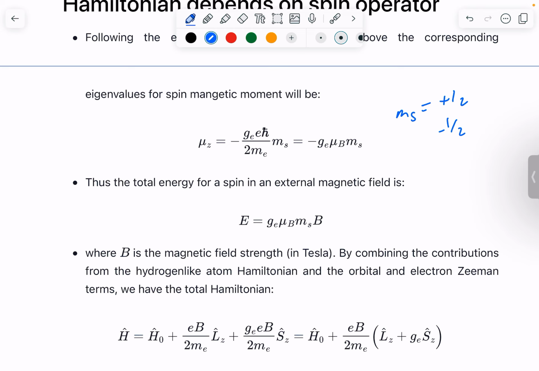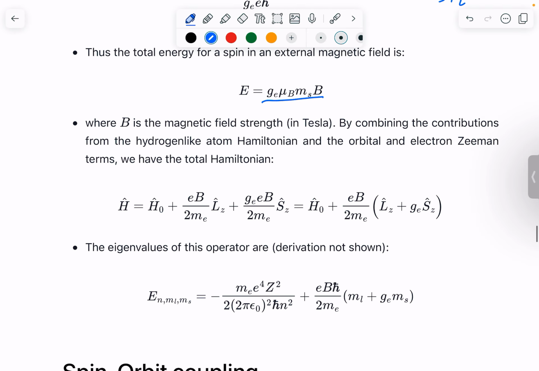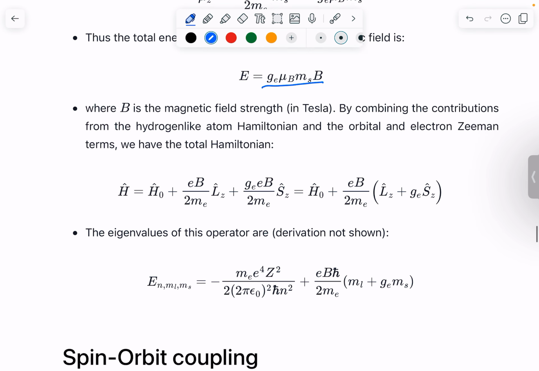Now if your electron, or your multi-electron atom, has a total net spin that's different from zero, then as someone who knows quantum mechanics, you're going to expect interaction with the magnetic field, and indeed that's what you're going to see. You can calculate the energy the same way, as a dot product of the external magnetic field with this spin operator. So what do we have? We have one more term that we're going to add to the Hamiltonian.